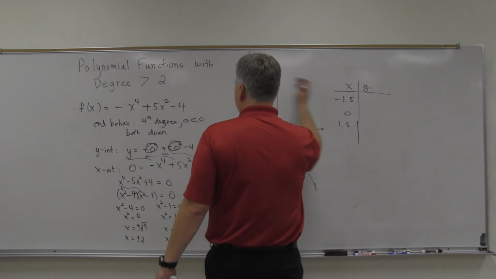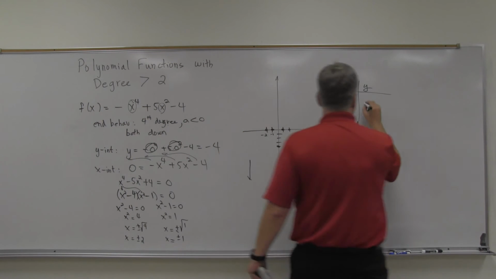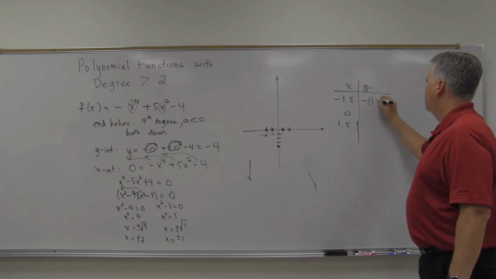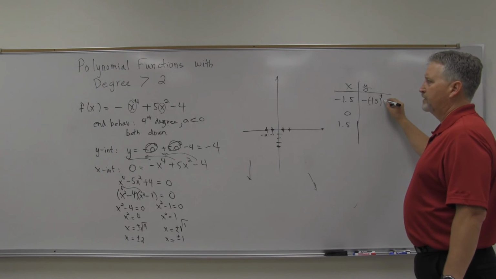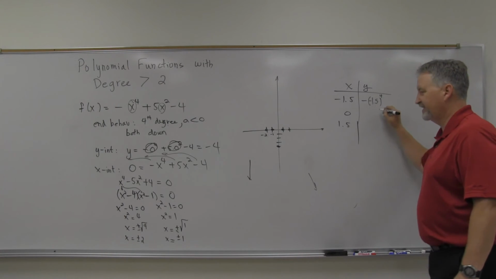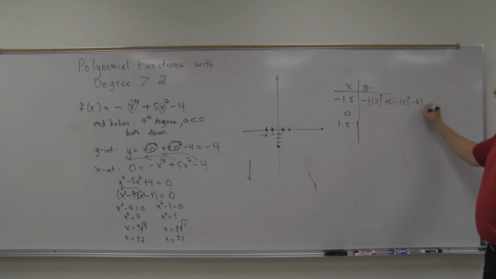All right, so if I plug in the negative 1.5 here, negative 1.5 to the 4th, minus 5 times negative 1.5 squared, plus 4. I just have to pay attention to the negative signs and all that. Okay, I got 8.75. Positive 8.75? Yeah. Right. Okay.